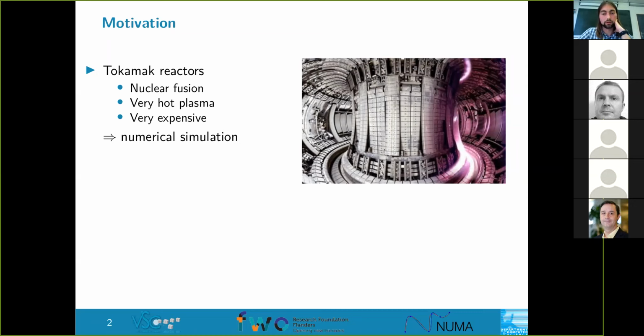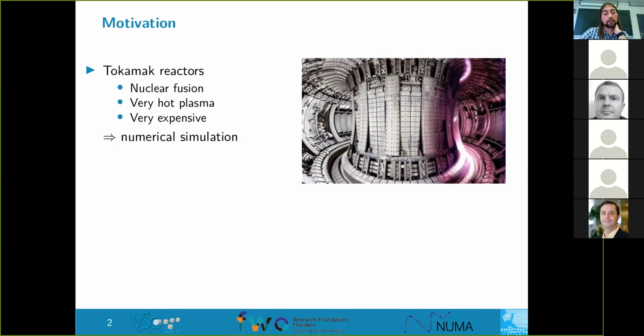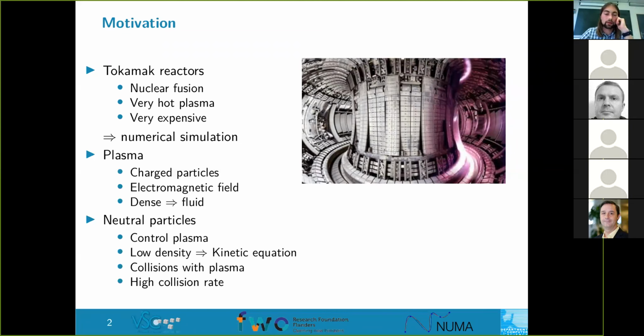It's a toroidally shaped device. It contains a plasma moving around in it, and in this plasma, ions combine to create energy. Clearly, this is incredibly difficult to build, and also quite expensive, so we can't really test new components in real life, but we can use numerical simulation, of course. And then we look at how we can do this.